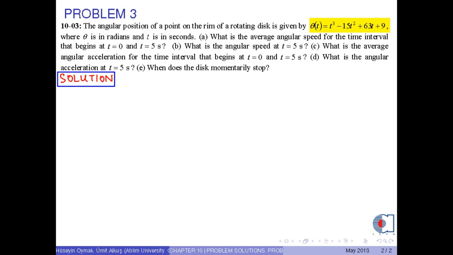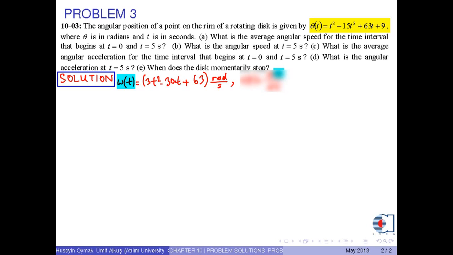First, using the angular position formula, theta of t, which is in radians, since angular speed is the first time derivative of the angular position, that is, omega of t equals d theta over dt, we find 3 times t squared minus 30 times t plus 63 radians per second.